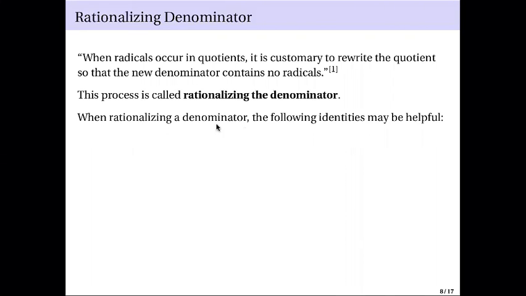When rationalizing a denominator, the following identities may be helpful. First, we have this: a minus b is equal to the square root of a plus the square root of b, times the square root of a minus the square root of b. It's like the difference of two squares. Let us look at this side here.